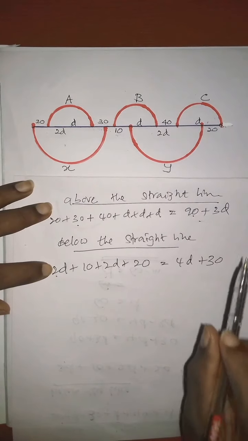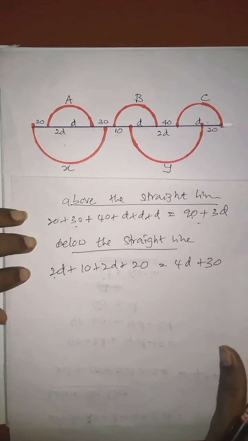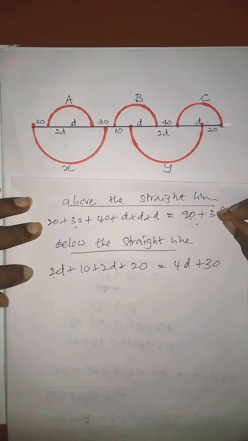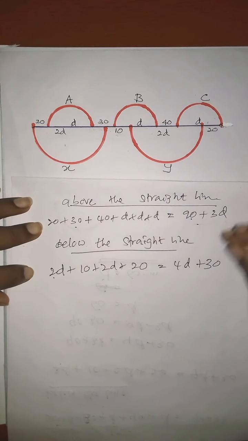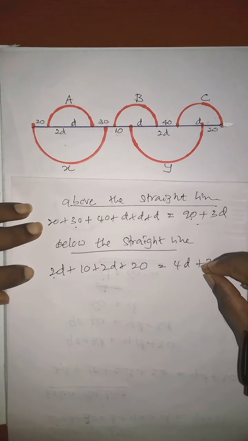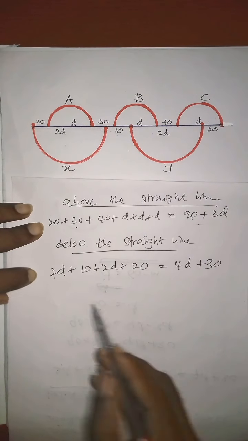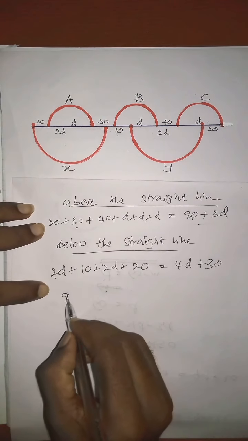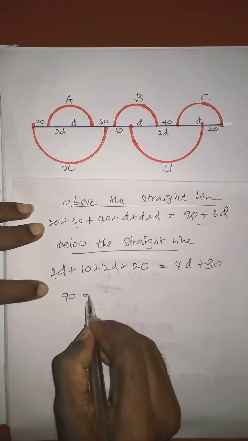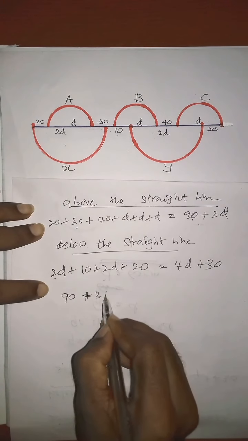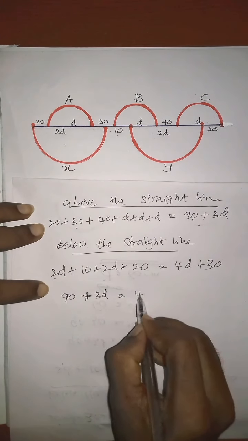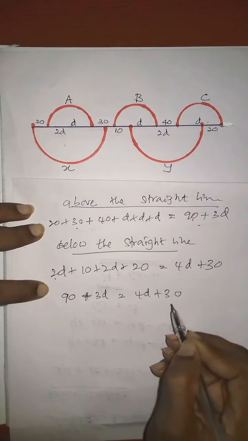Now we have obtained two statements for the length of the same straight line. Both statements give the length of the same straight line, therefore these two lengths must be equal. Then we can write an equation: 90 plus 3d equals 4d plus 30.